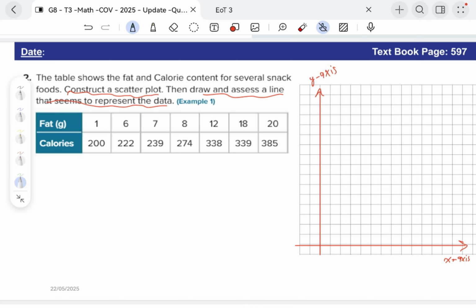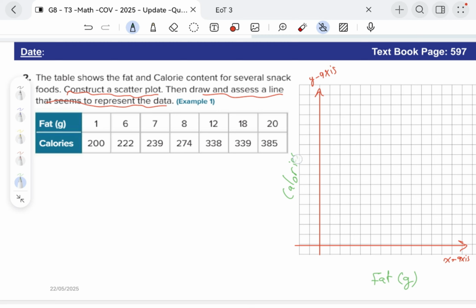For the x-axis, we're gonna choose fat to be represented using the x-axis, and we're gonna choose the y-axis to represent the calories. Okay, now for the x-axis, the range of data are from 1 to 20. So we're gonna divide this region from 1 to 20.